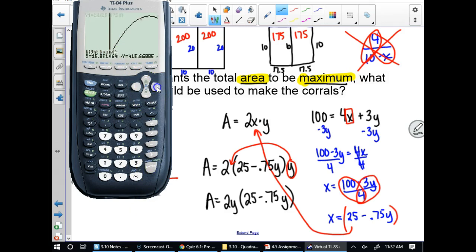So I'll go over the hill and hit enter. And then it's going to work even if you don't tell it yes, but yes. And I get 16.6 repeating and 416.6 repeating.